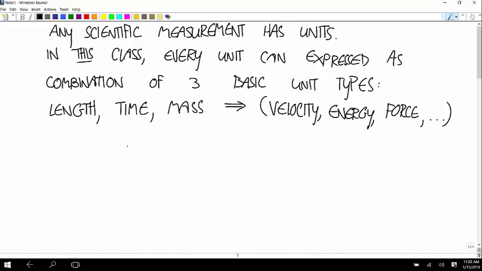Force is length per time squared times mass. And so this is all you need. And then in physics 2, you'll deal with some other basic types like charge. Maybe that's the only other one.